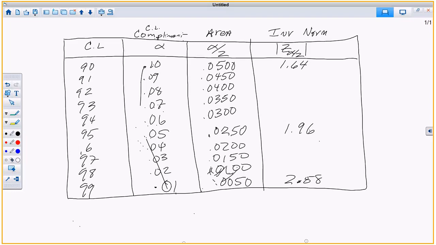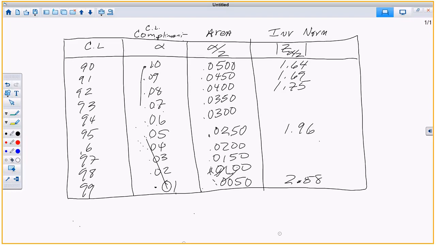We'll go ahead and fill it out for those people that are just plumb lazy. What's inverse norm of 0.0450? 1.69. How about 0.0400? 1.75. 0.0350.